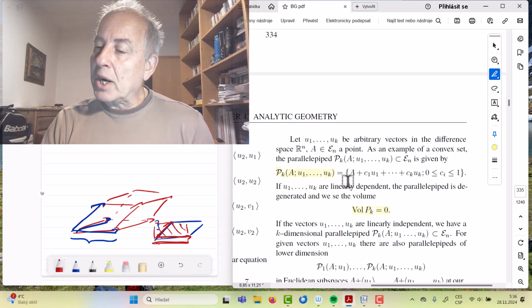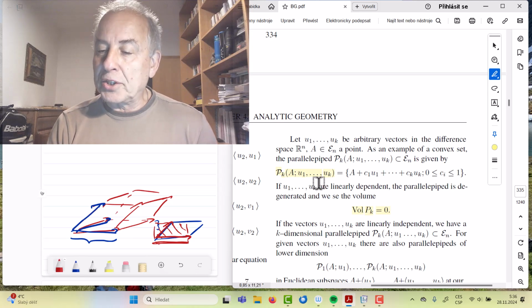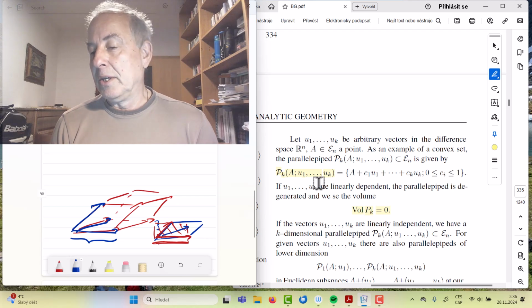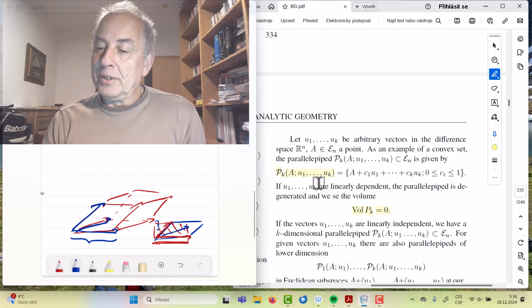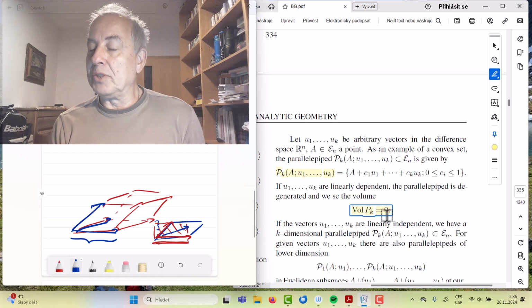If the parallelepiped is built with linearly dependent u's, it would mean I would just add a third vector here, which would be again in the plane. So of course the height will be 0, and so the volume of the k-dimensional thing is 0 if the k generators are linearly dependent.